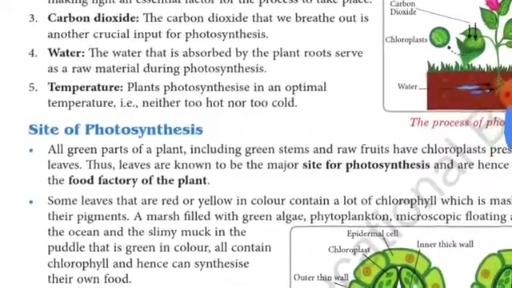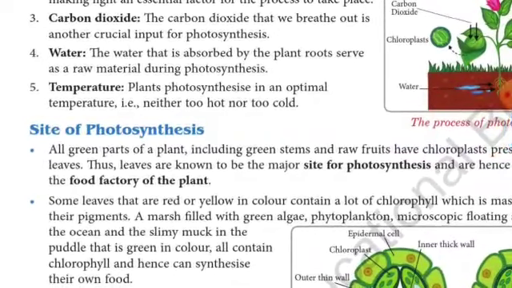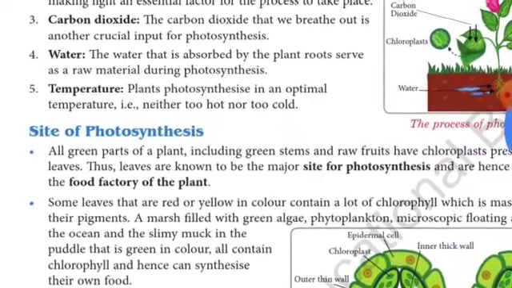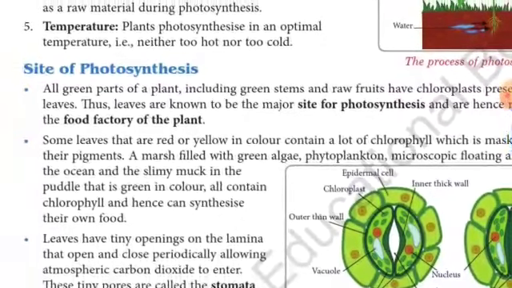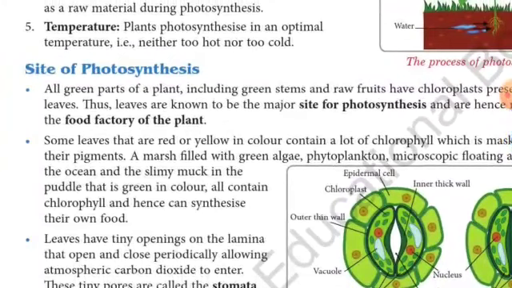Now all the green parts of the plant, including stems, raw fruits, that means the fruit which is not ripened, and the leaves. Leaves are considered the major site for photosynthesis, because the leaf contains the chlorophyll and also the stomata, and hence the leaf is called the food factory or the kitchen of the plant.